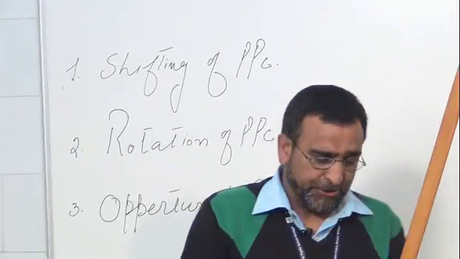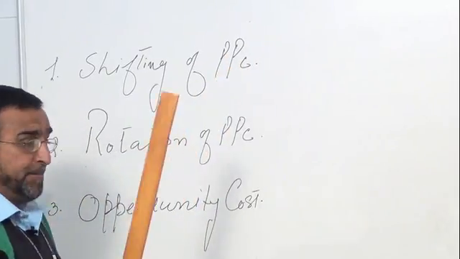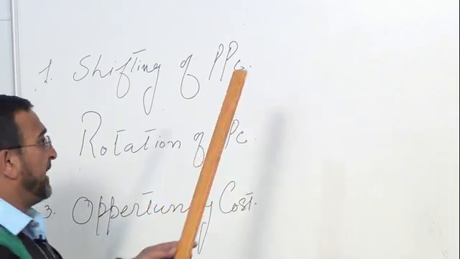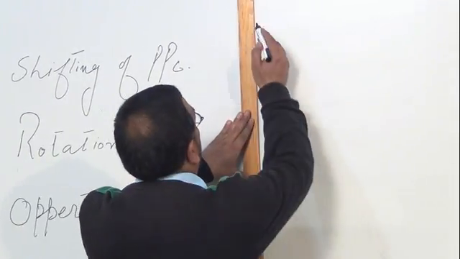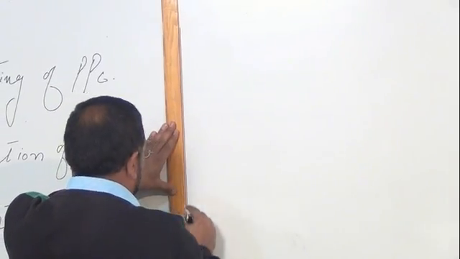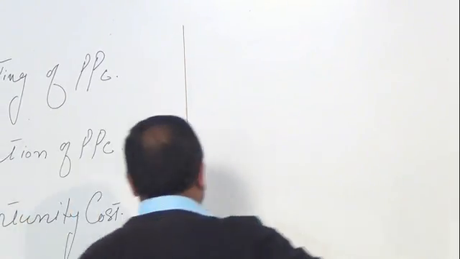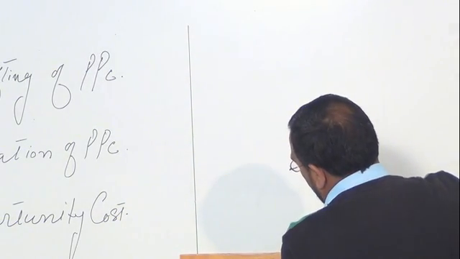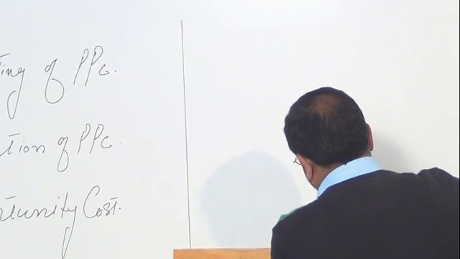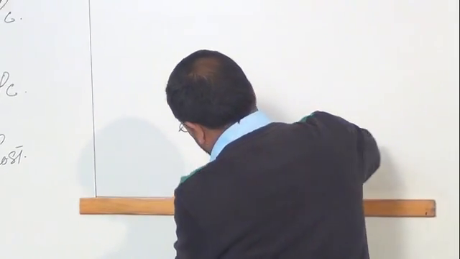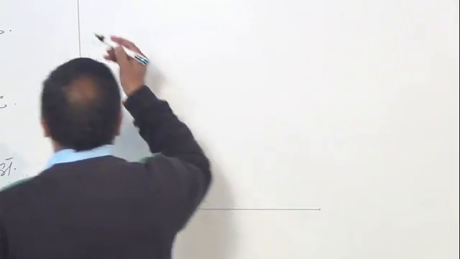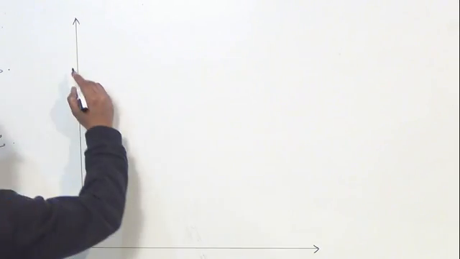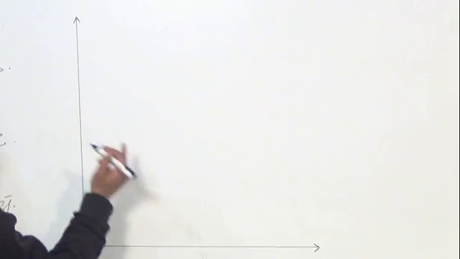I have already told you that the production possibility curve can rotate towards x-axis or it can rotate towards y-axis. I will frame the diagram and later on I will explain the rotation, and I will show you the reasons why this production possibility curve rotates towards x-axis and why it rotates towards y-axis. Suppose this is our graph.